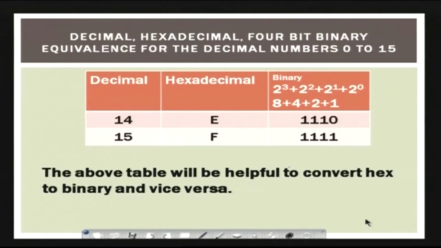Now we will see how a hexadecimal number can be converted to a decimal number. Just like how a binary number is converted to a decimal number, we are going to multiply each digit with its weight. In a binary number we use powers of 2 as the weight, but here we are going to use powers of 16 as the weight.